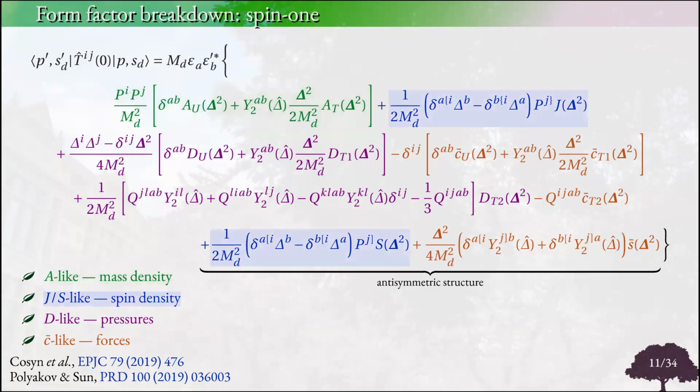The J and S form factors have one factor of P, so they do end up contributing to the spin densities, to the energy or mass flux density, and the momentum density. The D and the C-bar both contribute to the internal stress tensor, or the stress tensor in the Breit frame. And I sort them into D-like or C-bar-like depending on whether the divergence is zero or not. So the zero-divergence ones are the D-like ones, and the ones that have a non-zero divergence are the C-bar-like ones.